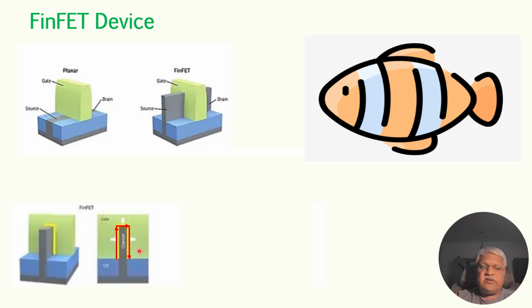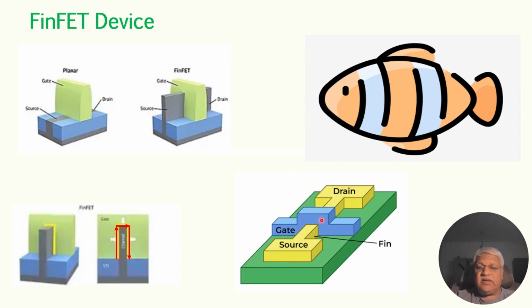So let us consider the fin here, how it came. This is coming from the fish having one fin here. Whatever this fin will do, same thing this is doing, and this gate is this one. It has only one fin shown here, and this is shown figuratively in this fashion. So this is the fin, and it is connected to the source region.